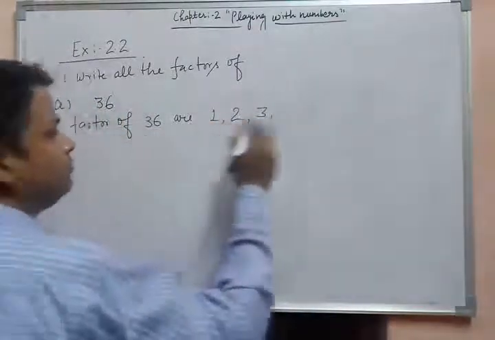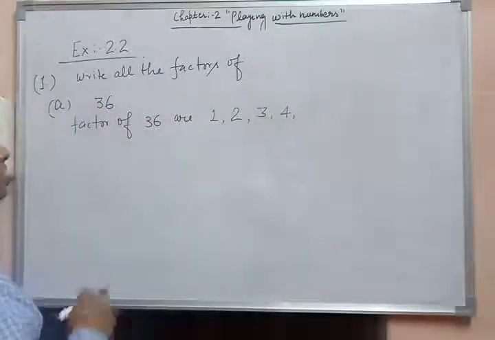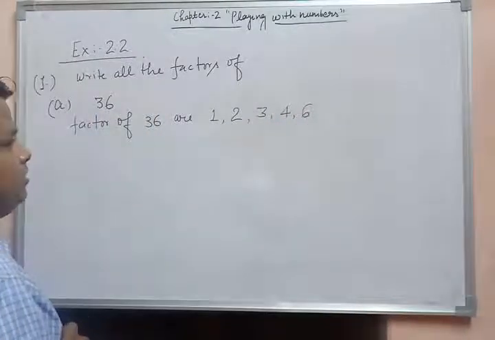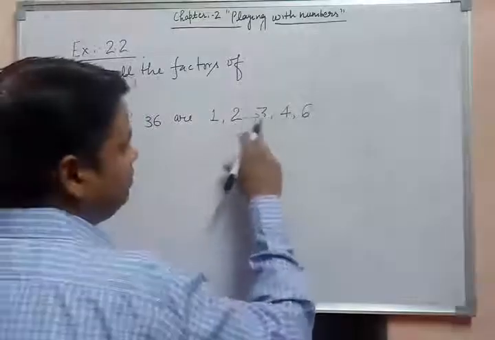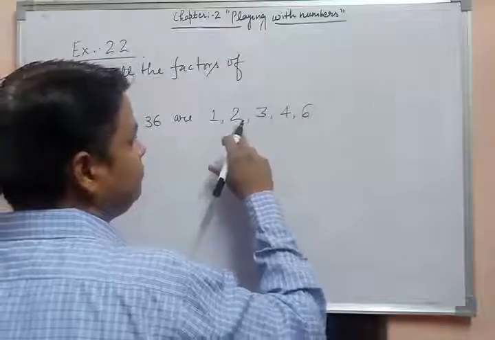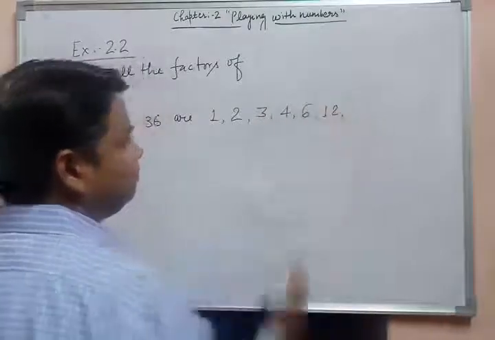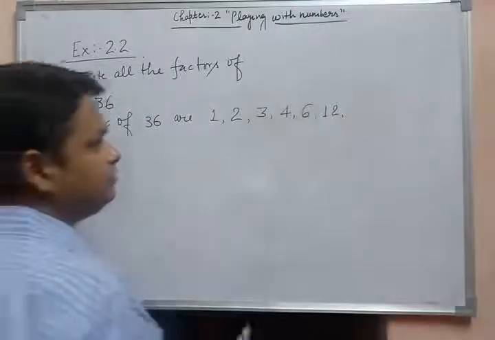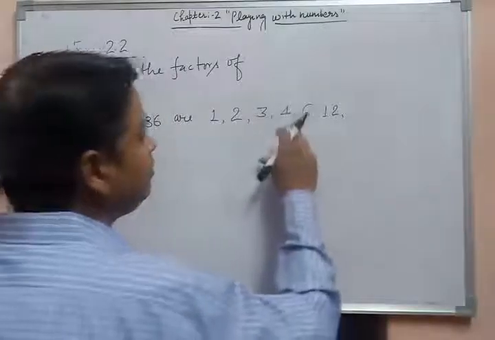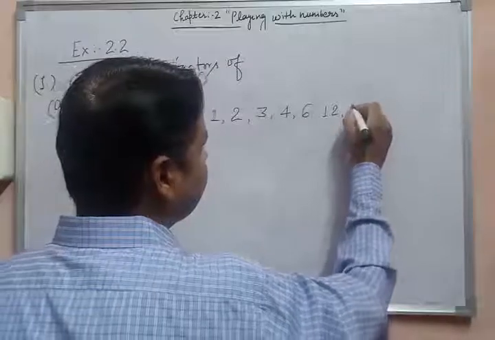Now 4, because 4 times 9 is 36. 5, no, 5 is not. 6, because 6 times 6 is 36. After that 7, 8, 9, 10, 11 are not, then 12, because 4 times 3 is 12. Then next one is 18.